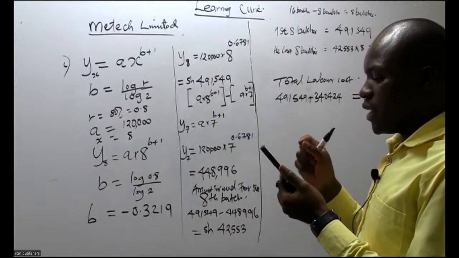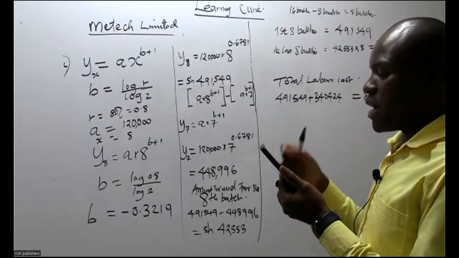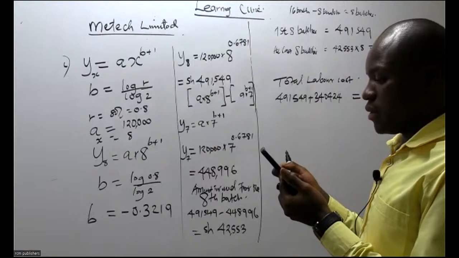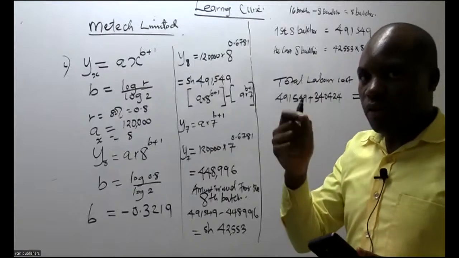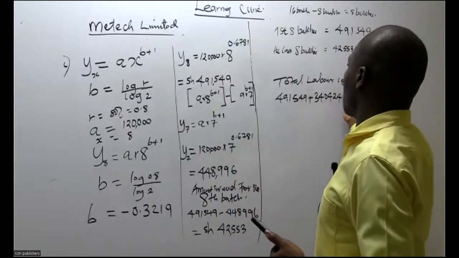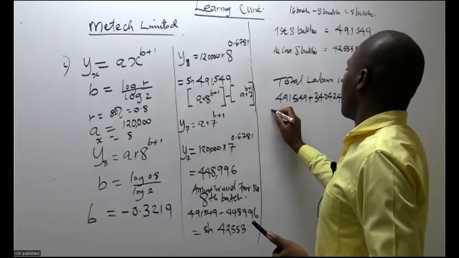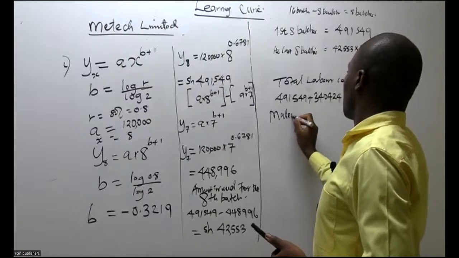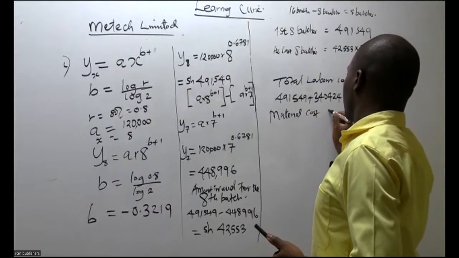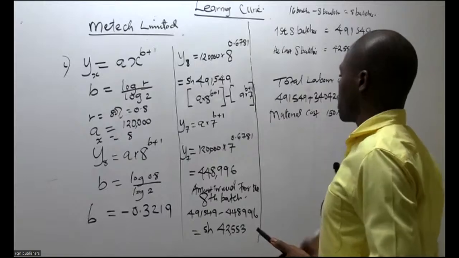The direct material and other non-labor related cost will be 150 per unit, not per batch. 150 shillings per unit. So this is total labor cost. Then material cost, we are told, is 150 shillings per unit.